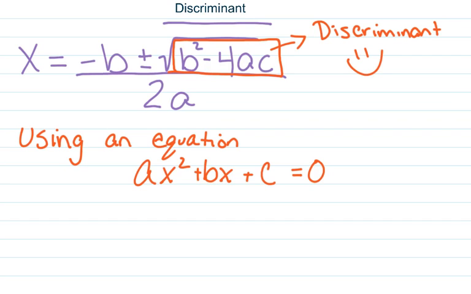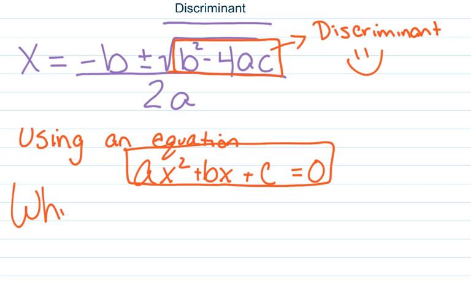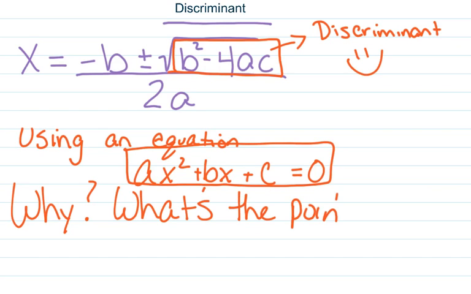That's what we need to make sure our equations look like every single time. And it's a small portion of that quadratic formula. And why do we need to know it? What's the point? Well, those are great questions.